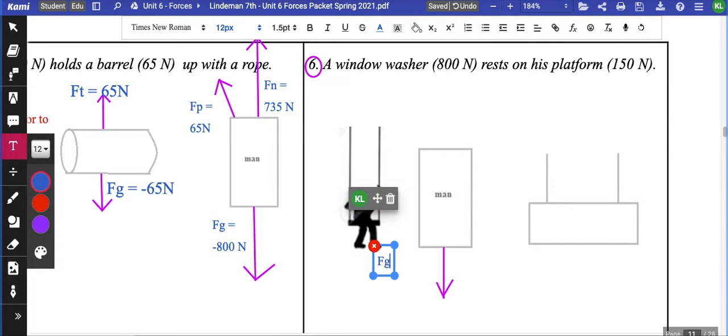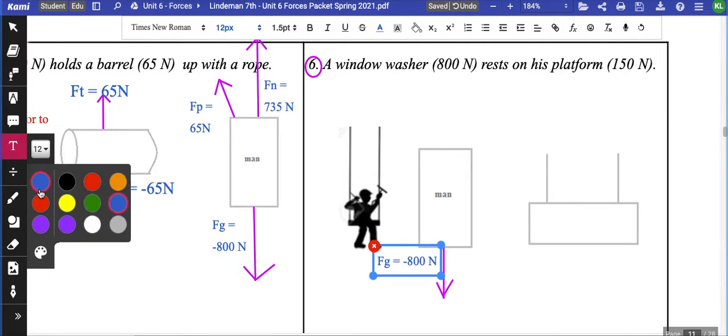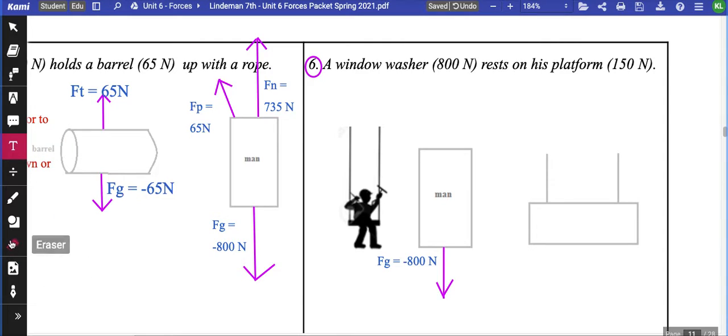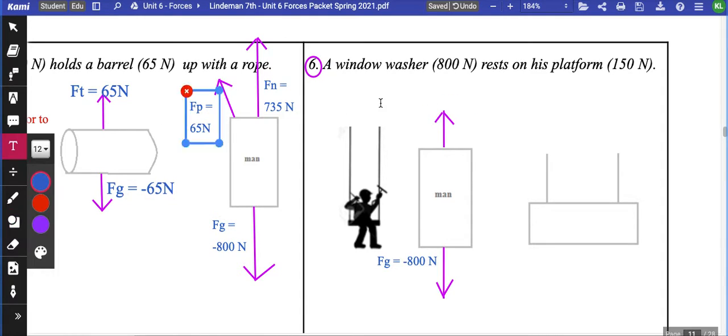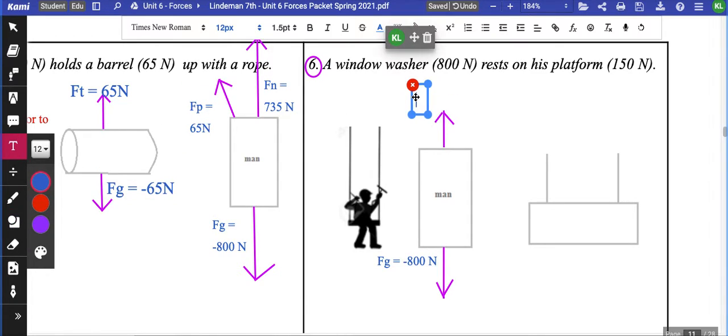And that's just Fg is equal to negative 800 newtons. He is sitting on a platform, so it's a lot like he's sitting on a chair or something. So he's just going to have one normal force up, and that normal force is going to be equal to 800 newtons.